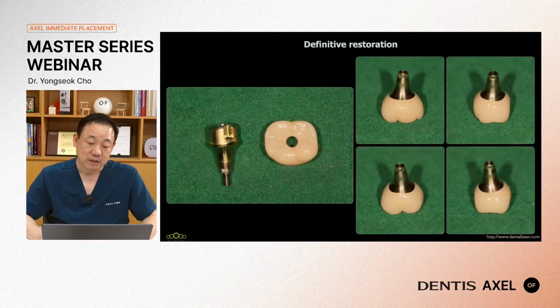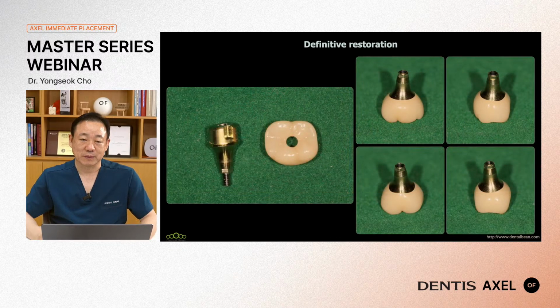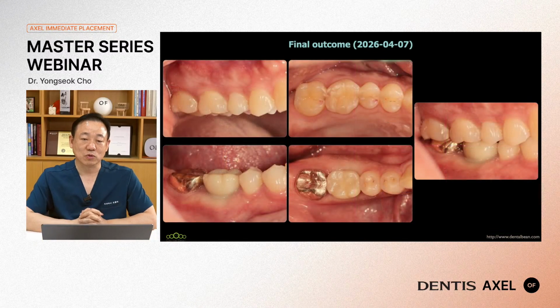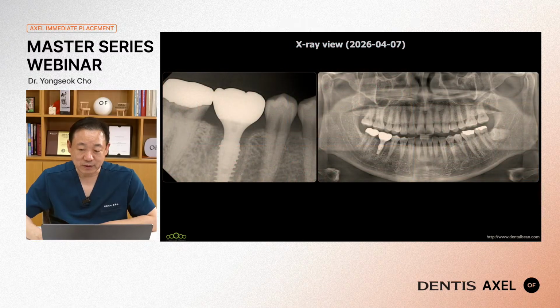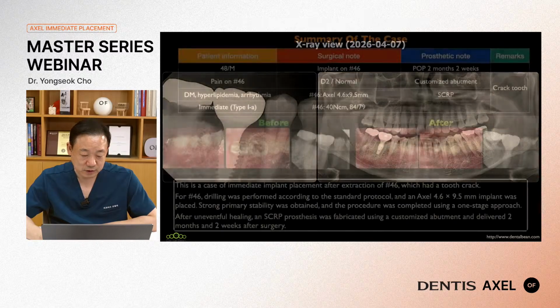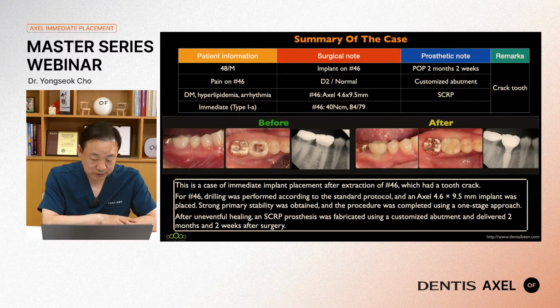It's a very nice ISQ value and healed soft tissue, so we can start loading at that time. Dr. Kim fabricated the definitive restoration with a customized abutment. Here, a customized abutment with a full zirconia crown was fabricated. It was delivered to the patient. So very simple and early, the case finished. It's the summary of this case.